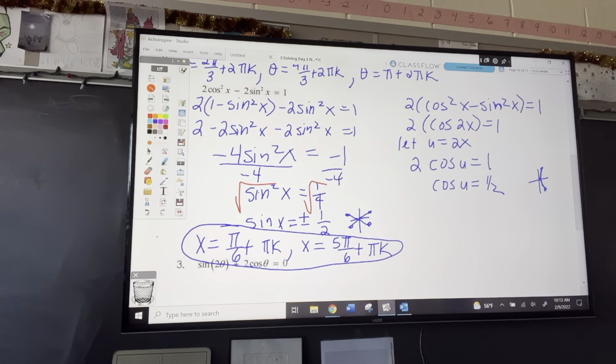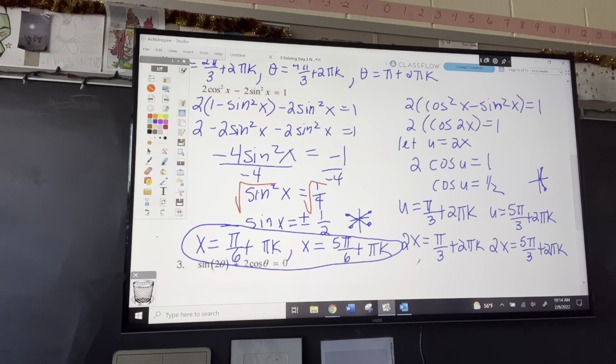So now, let's write these solutions with u. And then substitute the 2x back in. How am I doing?